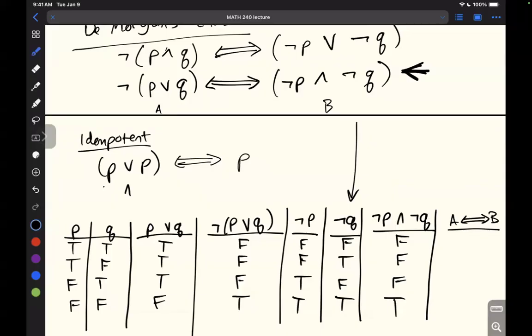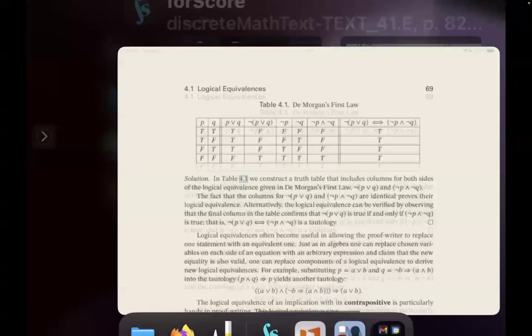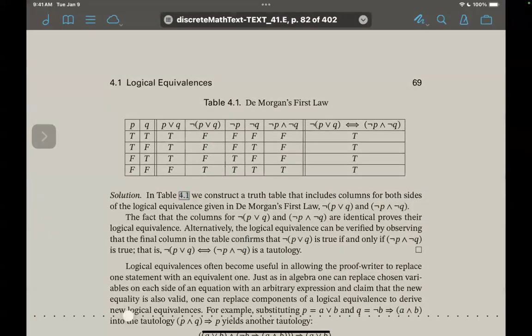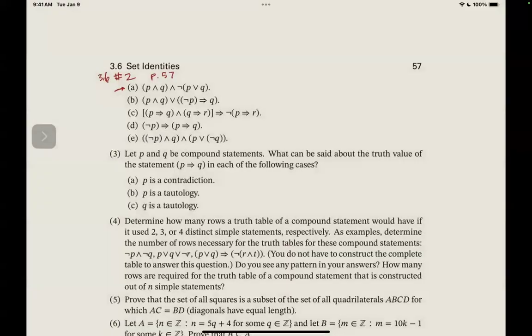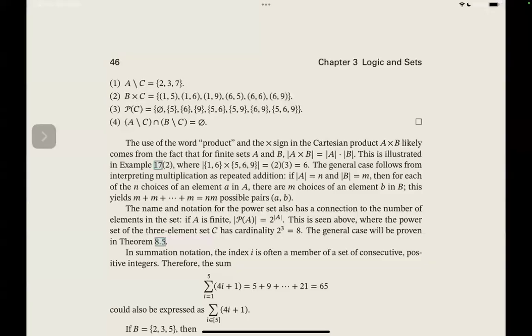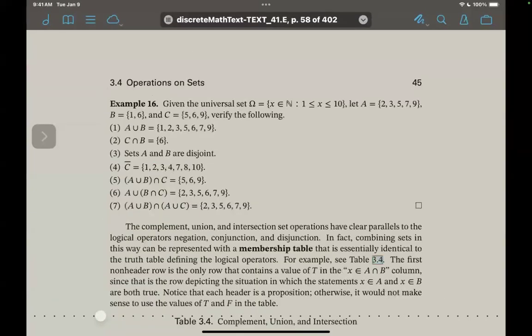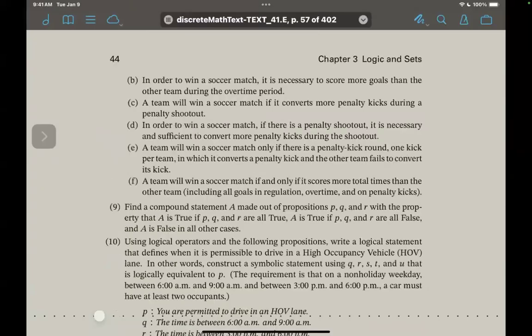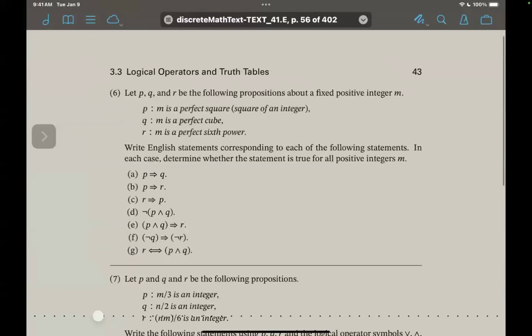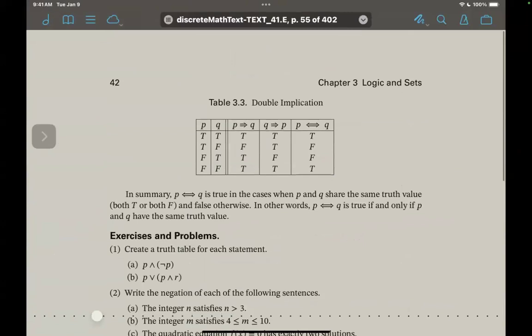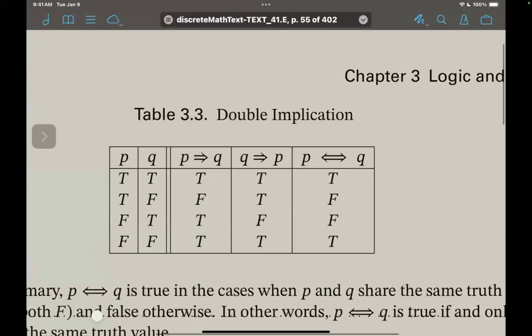Okay, this is on page 42. Okay, and so this gives us our definition for how we define the biconditional.